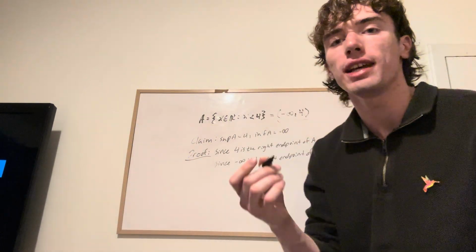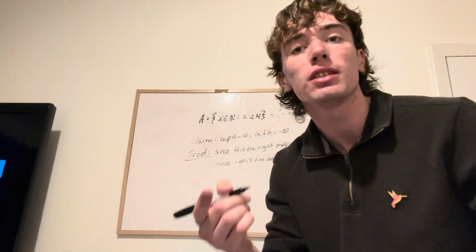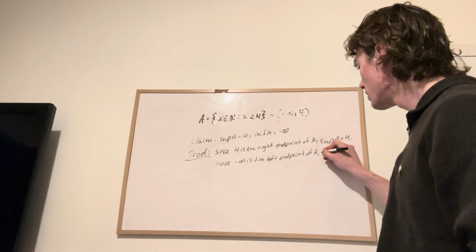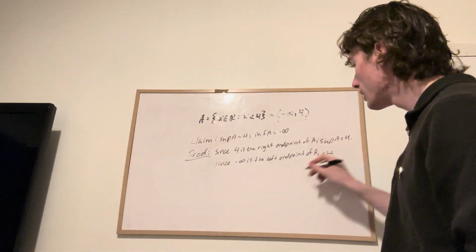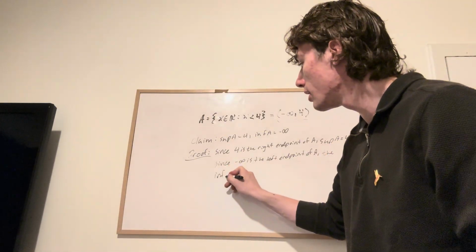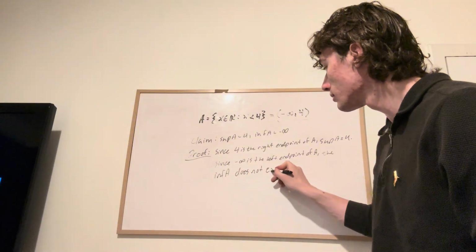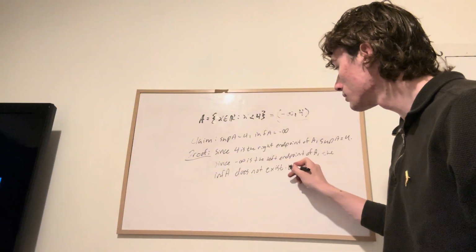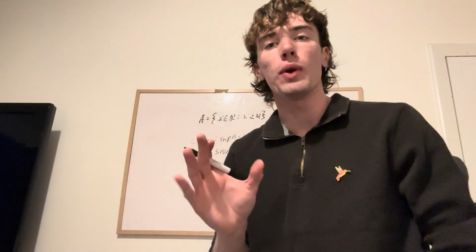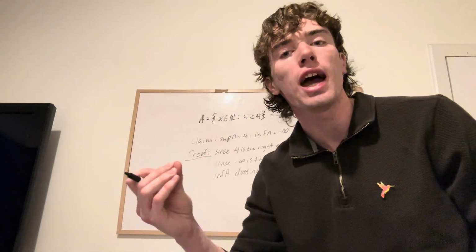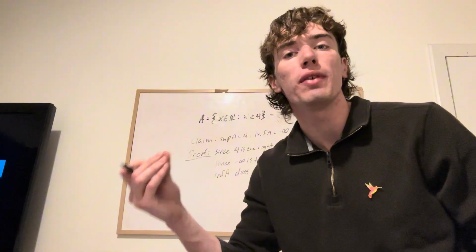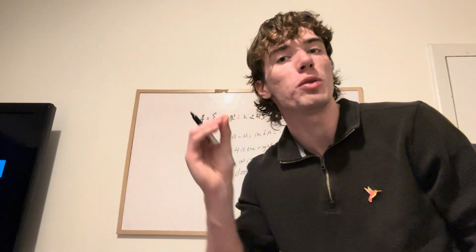So I simply just say that the infimum of A does not exist. And this would be the same case if you had a right endpoint that said infinity. However, you would say that the supremum of A does not exist because infinity would be the right endpoint.